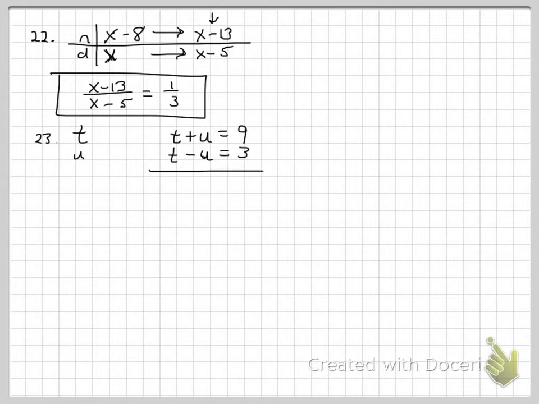Recall this from your Algebra 1, where you're adding the equations, getting 2t, the u's drop out, equals 9 plus 3 is 12, solving for t, and then going back and solving for u. So both those work here. In this case I have two equations to solve.